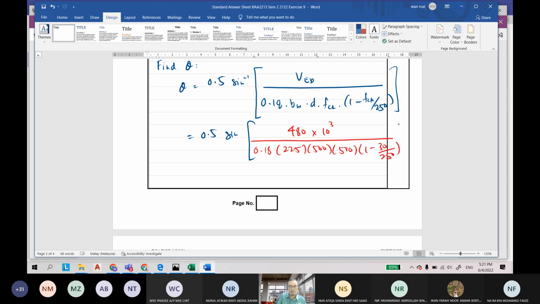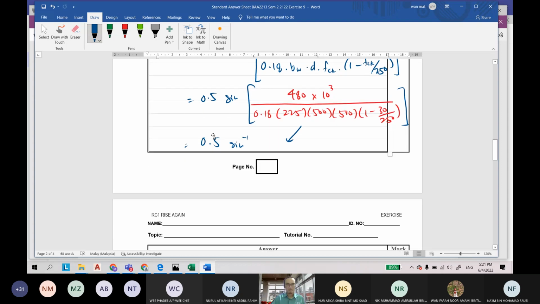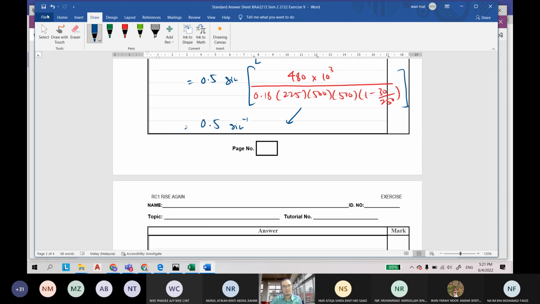Take your time. Please tell me the answer. 0.5 anti-sine, what is the value of this? Anybody have the answer?